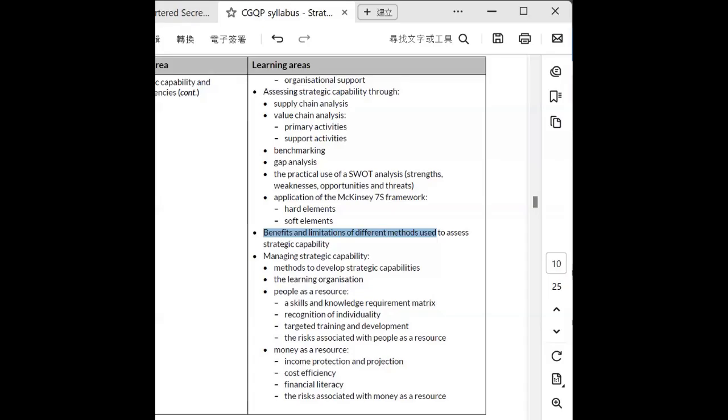Now, the limitation will be that they may oversimplify very complex realities, rely on subjective judgment, or fail to capture the fast changing external conditions. So, for example, the SWOT analysis may miss the emerging threats, and the benchmark may not account for some constraints. So there are some limitations on the above methods.